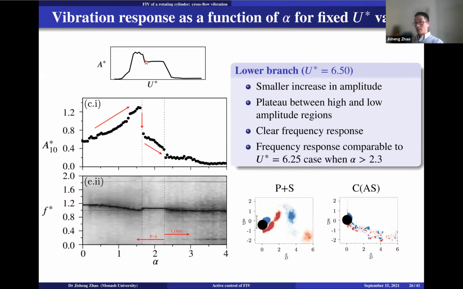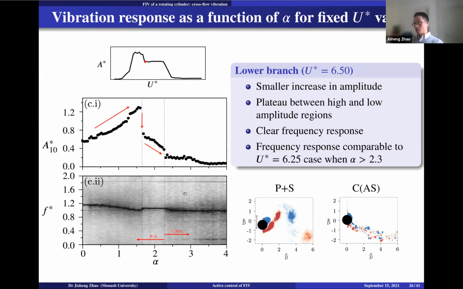And we look at the beginning of the lower branch, and there were two different modes, vortex shedding as well, before the sudden drop at 2.3, and after the drop.